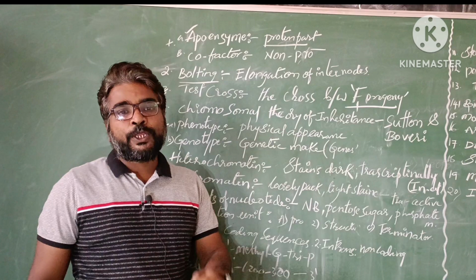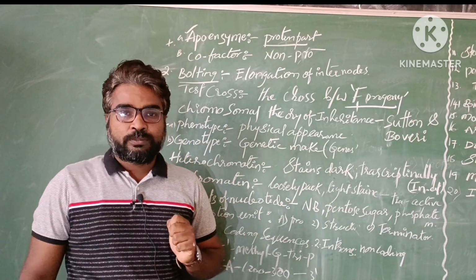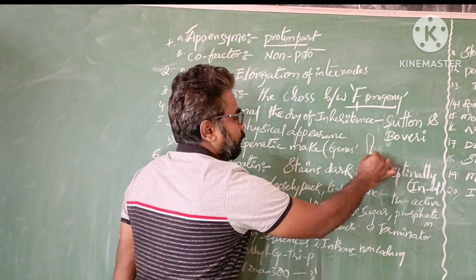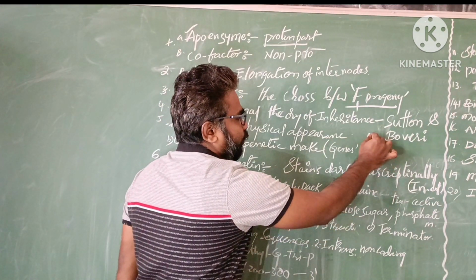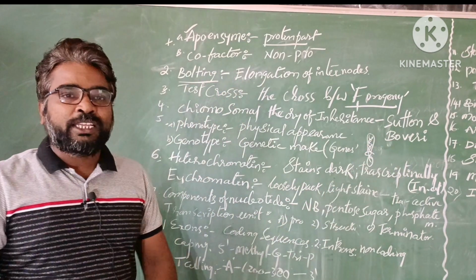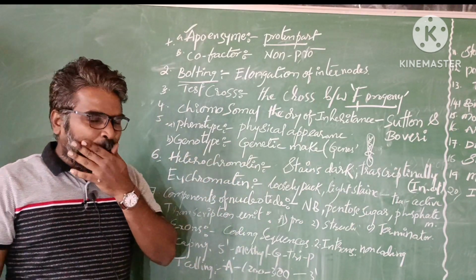Sixth one, heterochromatin and euchromatin. In chromosomes, chromatin is there. For example, this is the chromosome. In that chromosome, DNA is there, which we call chromatin. It is nothing but DNA with proteins, that we call chromatin.